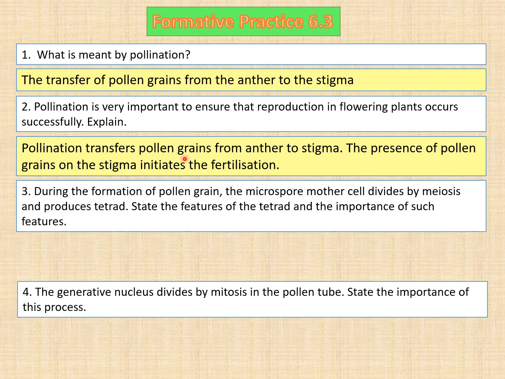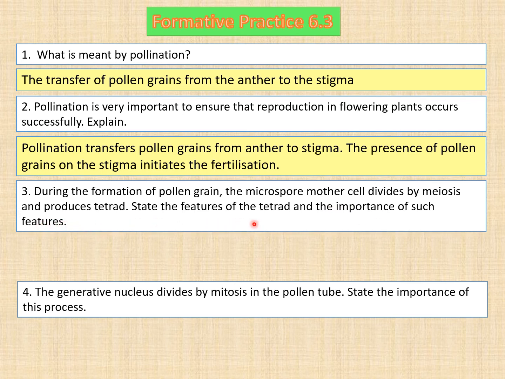Pollination transfers pollen grains from anther to stigma. The presence of pollen grains on the stigma initiates fertilization. So without pollination, there is no fertilization. So pollinating agents are very important to ensure that fertilization occurs. Question number 3. During the formation of pollen grains, the microspore mother cell divides by meiosis and produces a tetrad.